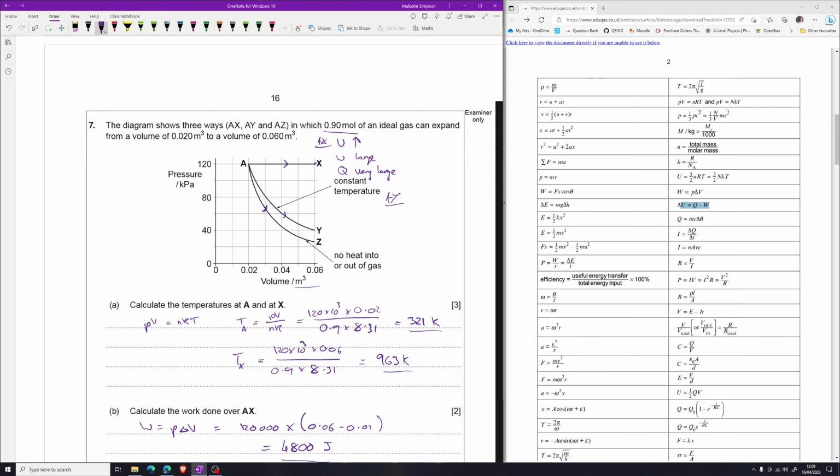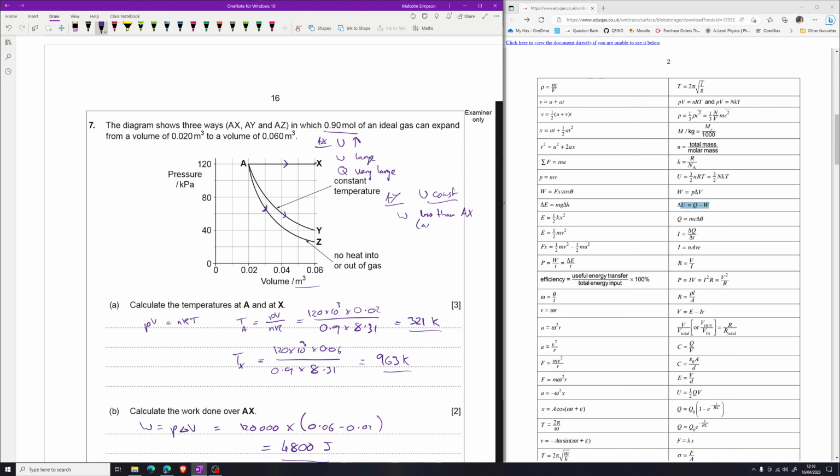Let's think about AY then and think about how that compares. AY, constant temperature, it says here, so U is constant. No problem. W therefore must be equal to Q if U is constant. So bear that in mind. The work done is definitely less than AX because the pressure decreases, hence the area under the graph is smaller.